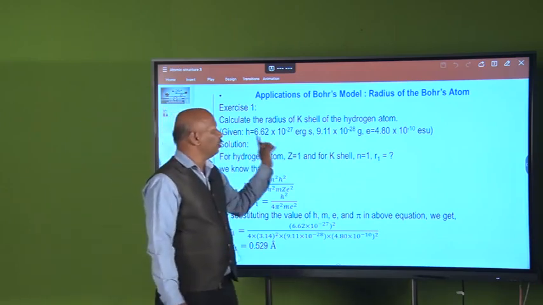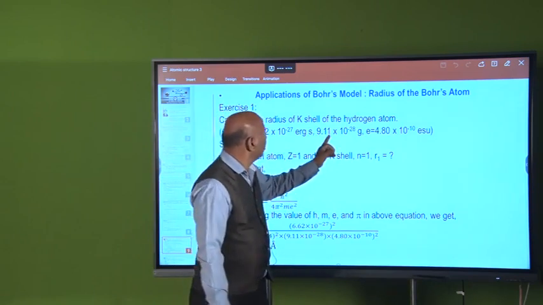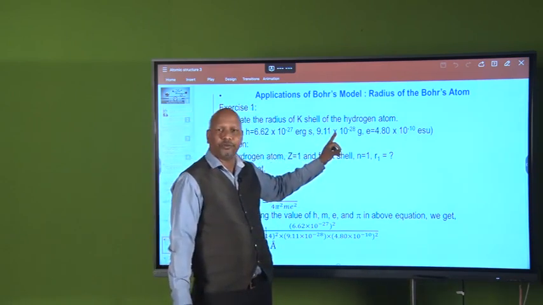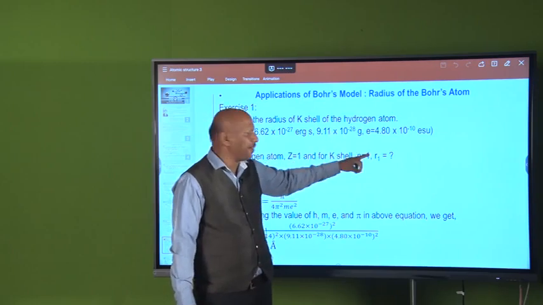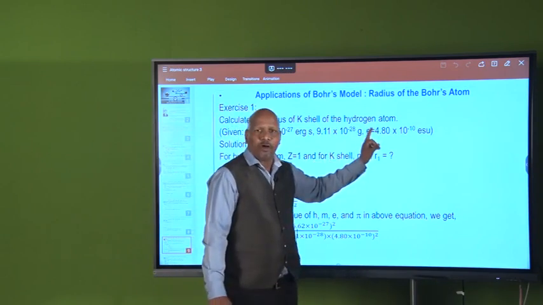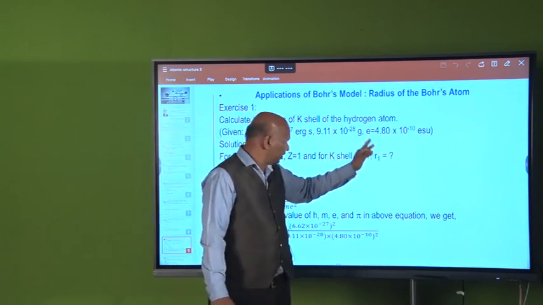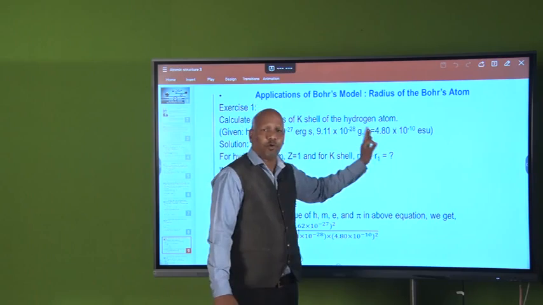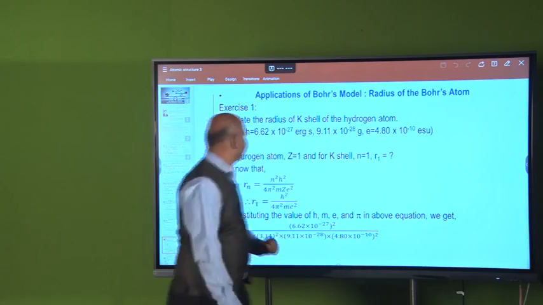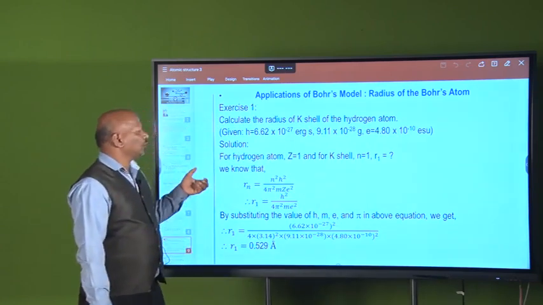Then the mass of the electron is 9.11 into 10 raised to minus 28 gram, in CGS units. Then the electric charge e is 4.80 into 10 raised to minus 10 electrostatic unit.